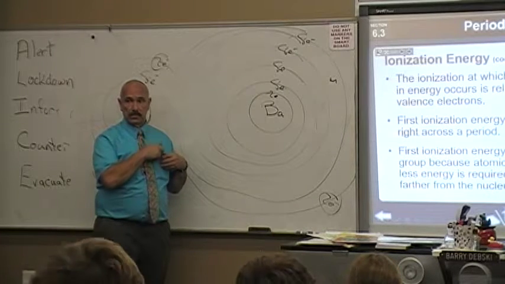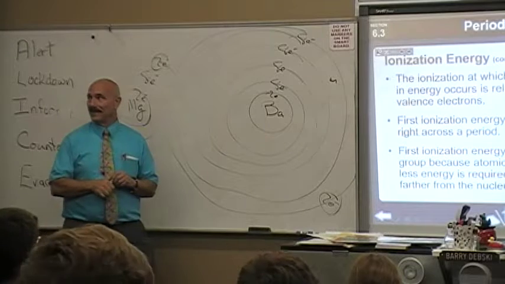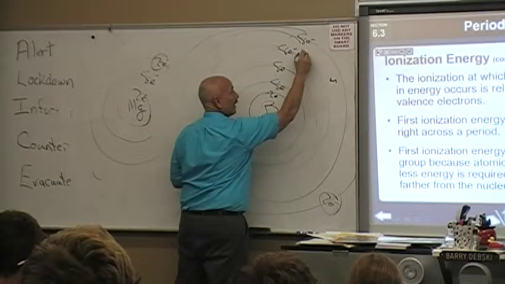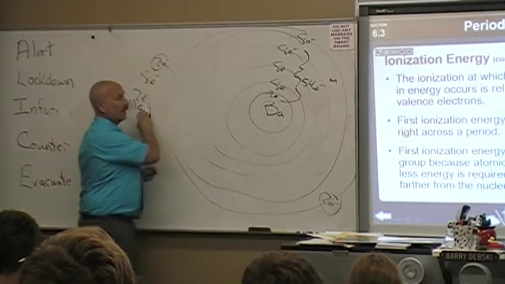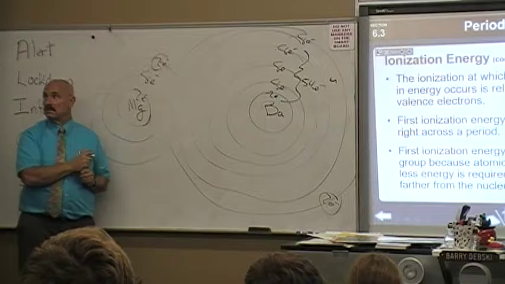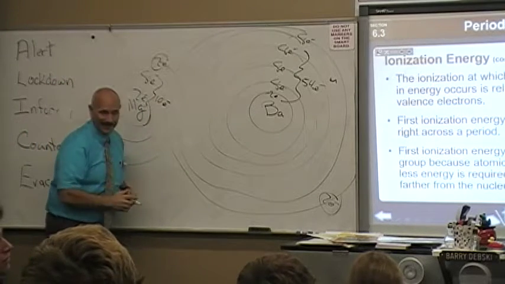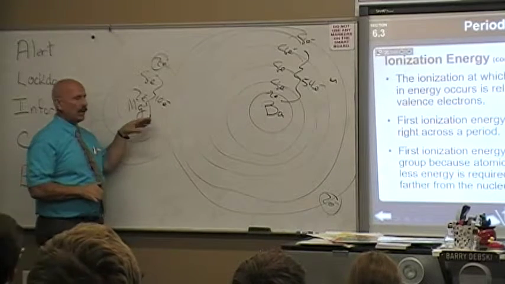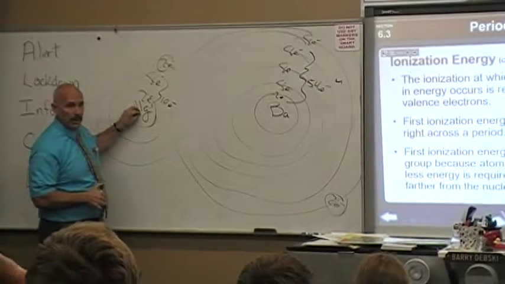How many over here? 9. Try 10. I got 10 electrons here blocking the positive effect of the protons.